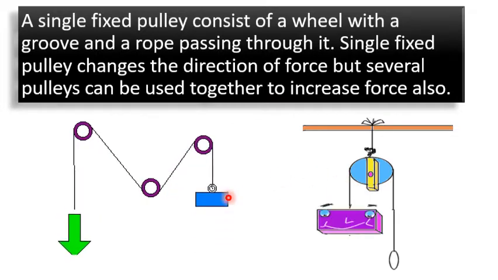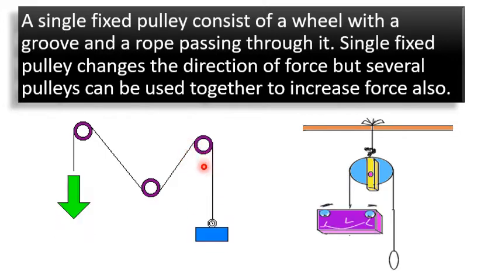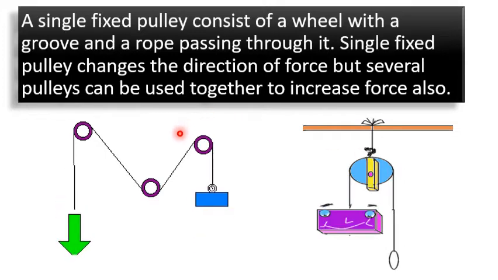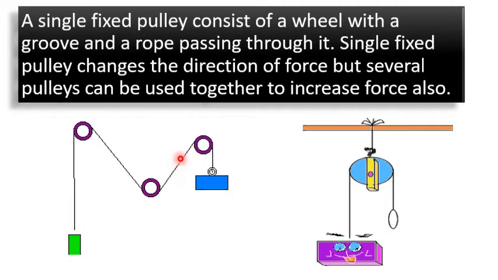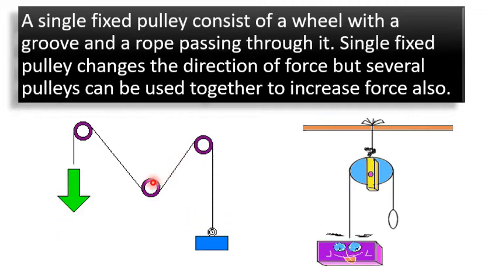But if we increase the number of wheels, the force would be increased. This is the important point you need to remember: the single fixed pulley is used to change the direction of force, while several pulleys can be attached to each other to increase the force as well.